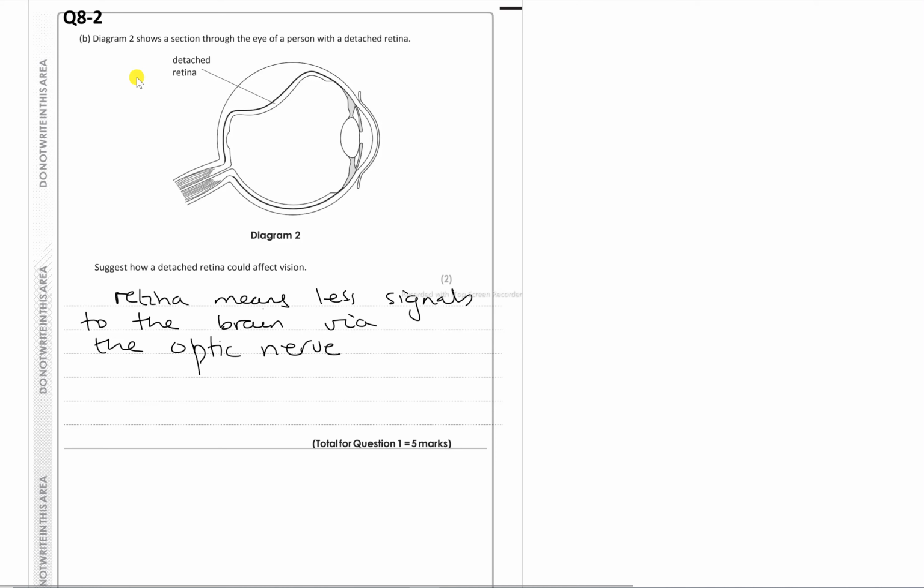And I would be inclined to change the word signals to electrical impulses. If there's less electrical impulses, the quality of the image formed in your brain will be lower.